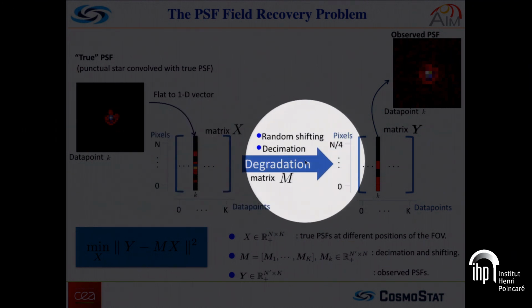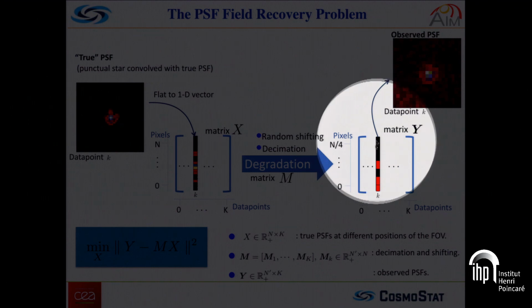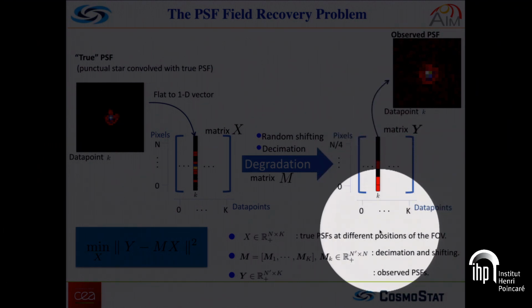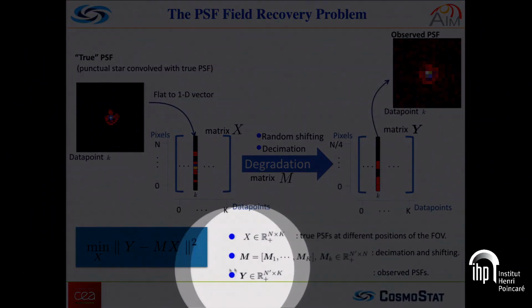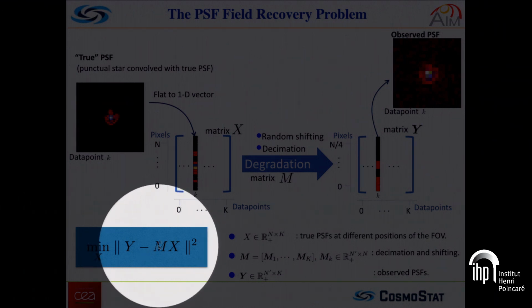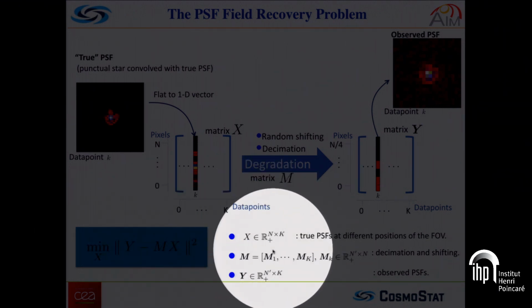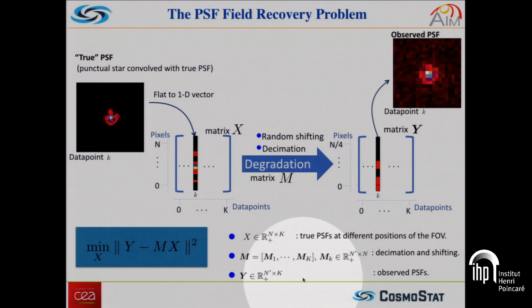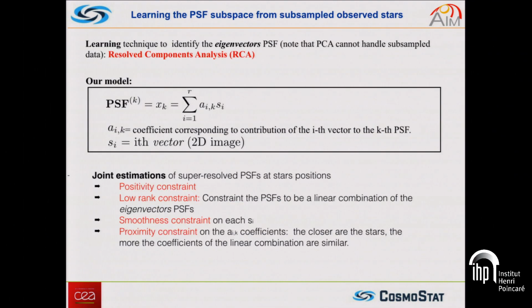You have a degradation matrix, and this is the observation that we have here. So you can write the problem this way: you have this term to minimize, and that's the matrix formulation. This is a very, very ill-posed problem, and obviously, we had to add a lot of constraints to solve it.